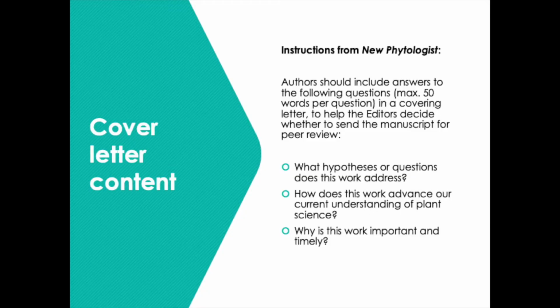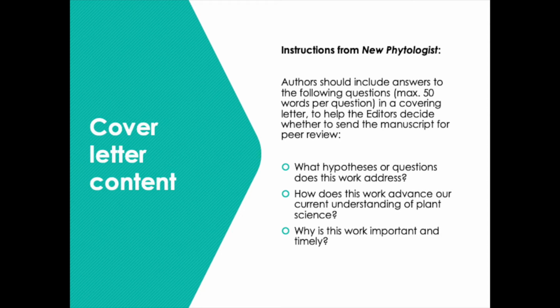Let's look at an example of instructions from the journal New Phytologist. They say that authors should include answers to the following questions, with a maximum of 50 words per question, in a covering letter to help editors decide whether to send the manuscript for peer review. And those questions are: what hypotheses or questions does this work address?